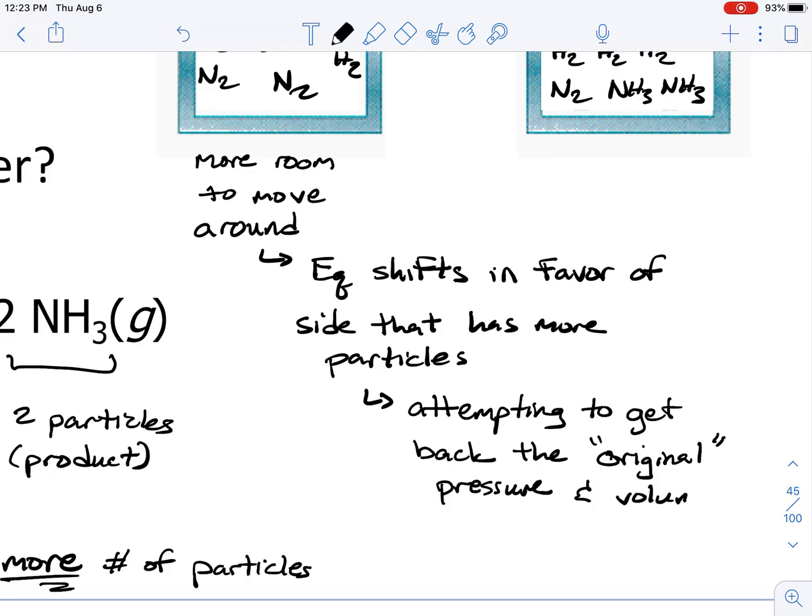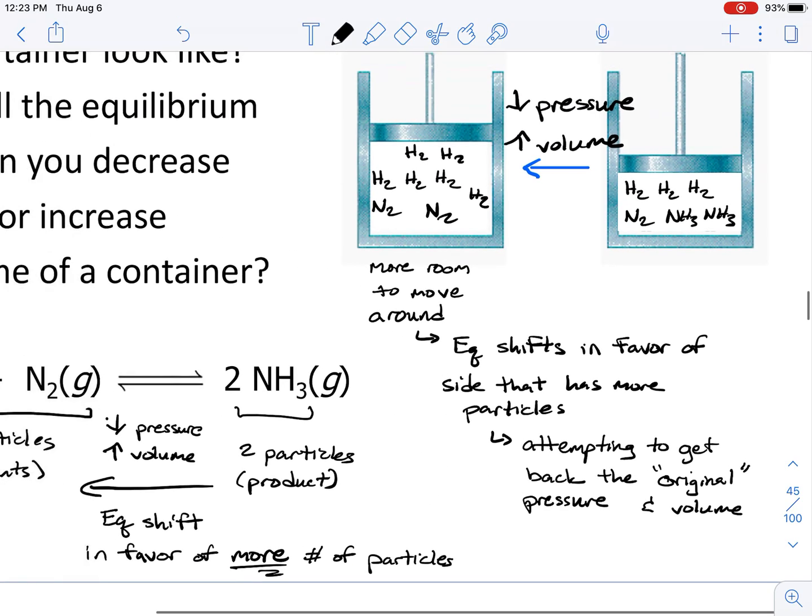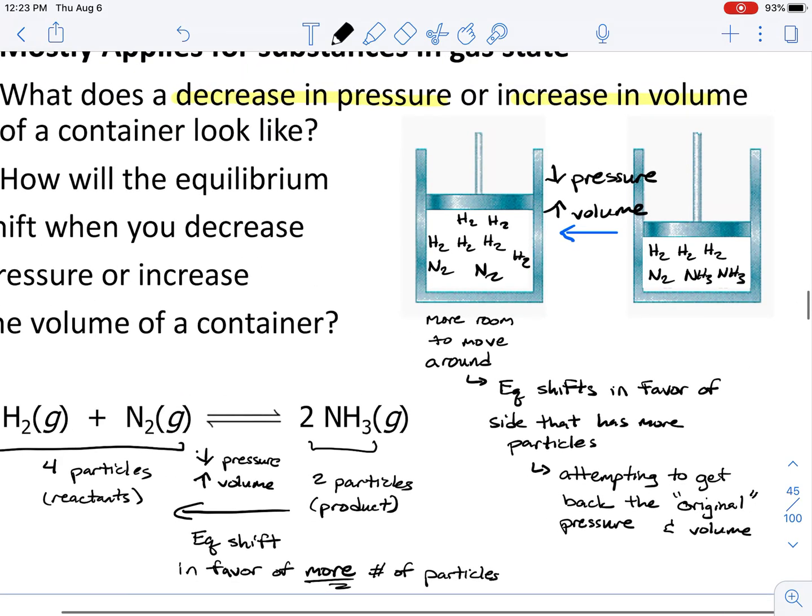Okay, so you can think about chemical systems as a creature of habit. And so if it's used to one thing and you create some type of change, it's going to shift in such a way that it's trying to get back to its norm.